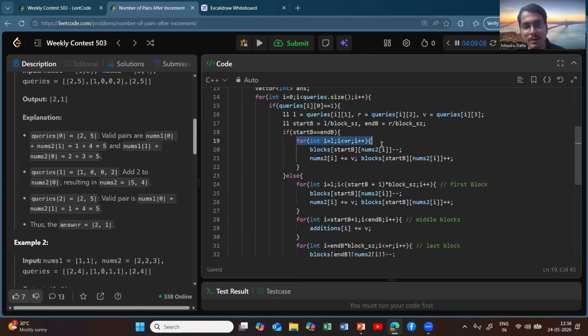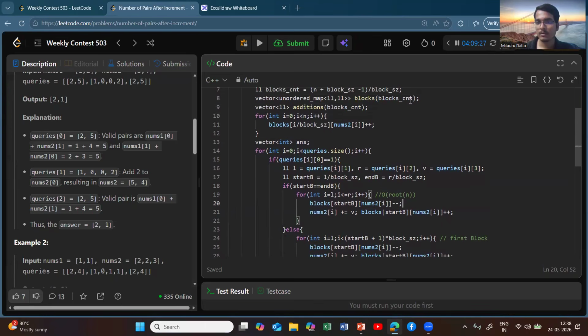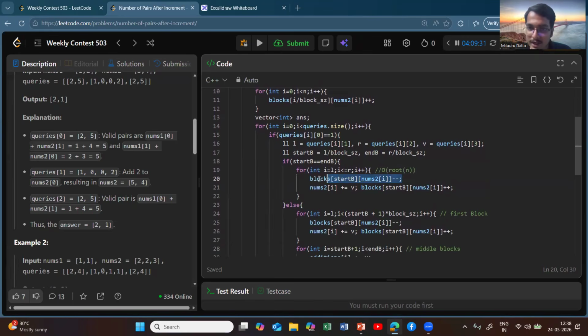You just iterate from L to R, and this will be order of root n only, because you are within a single block. What do you do here? You use the blocks of start B for nums2. This is the map, right? Blocks of this is nothing but the map where you are trying to store the frequency. So you decrease the frequency of the already existing element and increment its value by val.